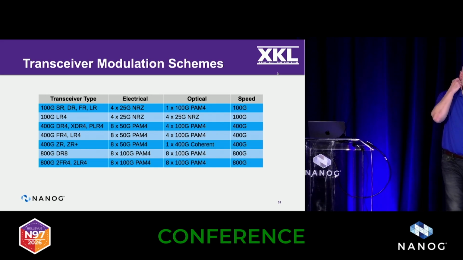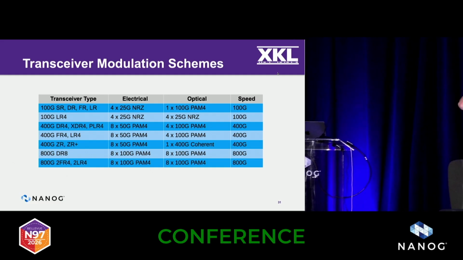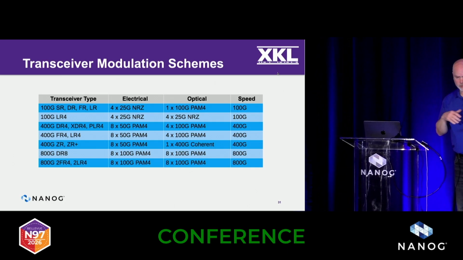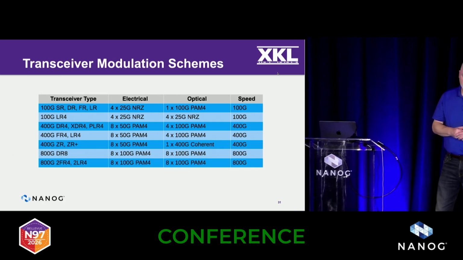But this is really good reference, right? So if you've got like a DR4, 400 gig DR4, like that example I showed you, you've got to hook that up to 4 regular DRs, but it also hooks up to the FR. It also hooks up to the LR. So, you know, you talk to your vendor or Google it. Hopefully you'll get the right answer. No guarantees there.